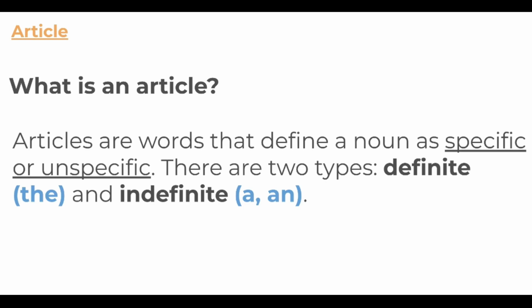So if something is specific, for example, the park run, which we talked about earlier, then you want to use the, because in that situation, it's a known event, the context is there, maybe you've spoken about it before, and you want to, in that situation, use the. However, if something's quite vague and general and unspecific, you can use a or an, depending on what the next word starts with.